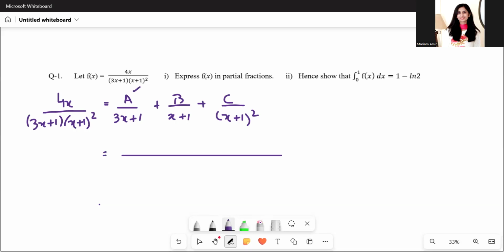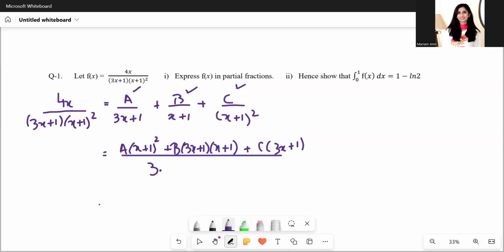So A has to be multiplied with (x plus 1) whole squared to get the denominator to be the same. B has to be multiplied with (3x plus 1) and (x plus 1). And C has to be multiplied with, sorry, 3x plus 1.